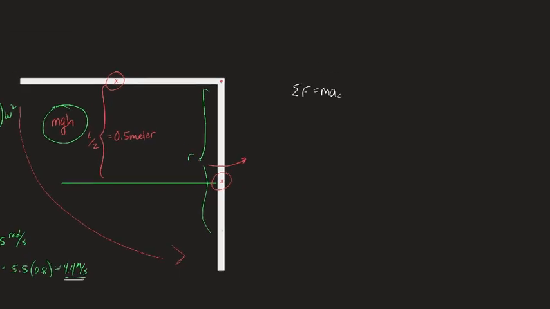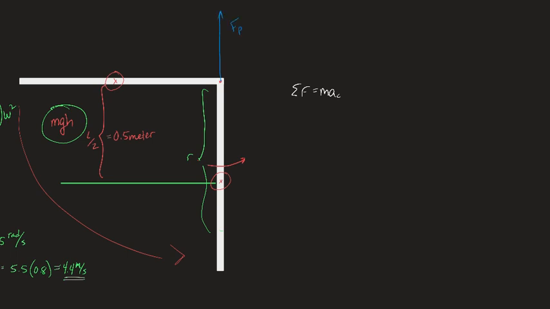Now, I'm going to shrink it down a little bit because there are only 2 forces on the system. There's an upward force here on the pivot point, FP for force on the pivot. That's what we're asked to find, right? How much force is required by the pivot to hold the meter stick in place when it passes through the vertical? So I'm talking about the point where the center of mass, which is experiencing mg downwards, passes through the vertical.